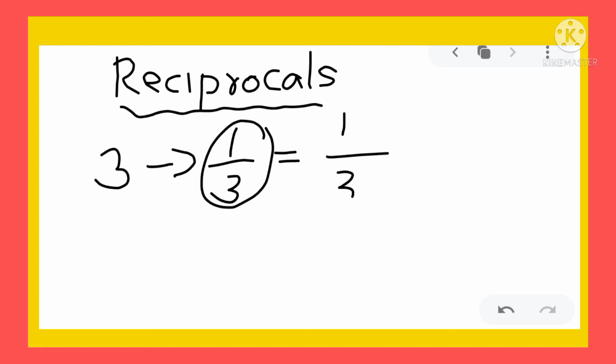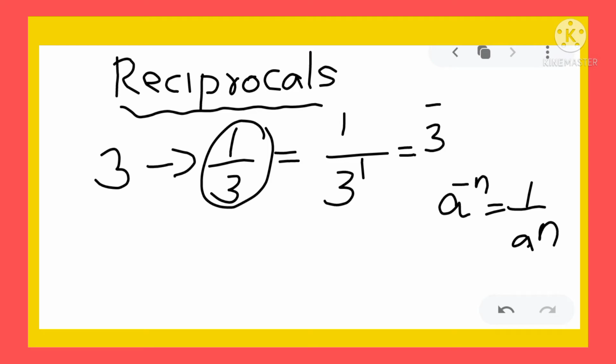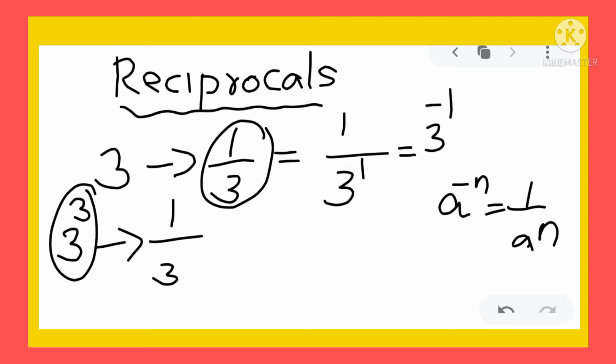Since 1 by 3 is 1 by 3 raised to 1, applying a raised to minus n is equal to 1 by a raised to n, we can write 1 by 3 raised to 1 as 3 raised to negative 1. Then 3 cube. What is the reciprocal of 3 cube? Reciprocal of 3 cube is 1 by 3 cube.